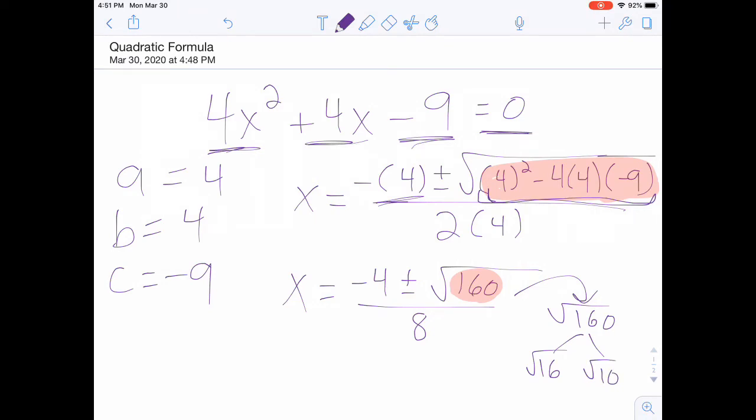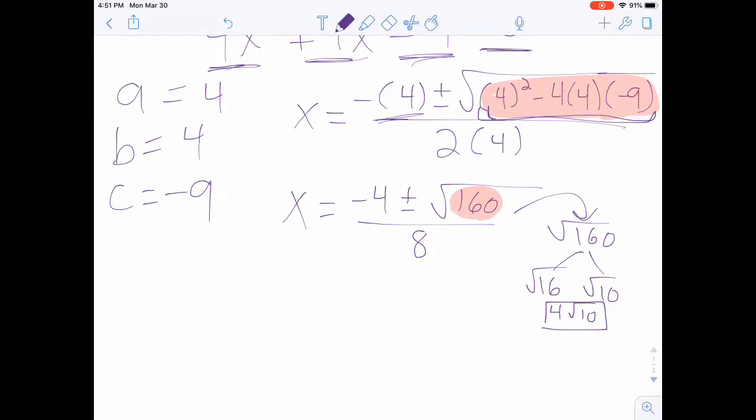The square root of 16 is 4. The square root of 10 cannot be simplified, so that just stays as the square root of 10. So I can replace the square root of 160 with 4 times the square root of 10. X equals negative 4 plus or minus 4 square root of 10, over 8.